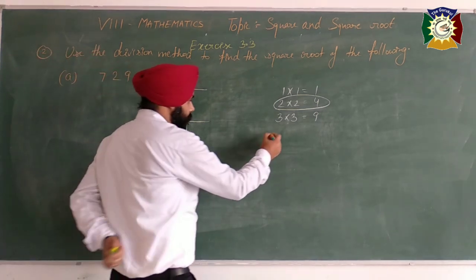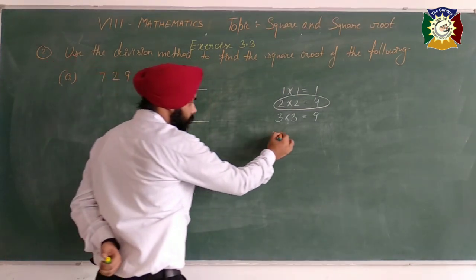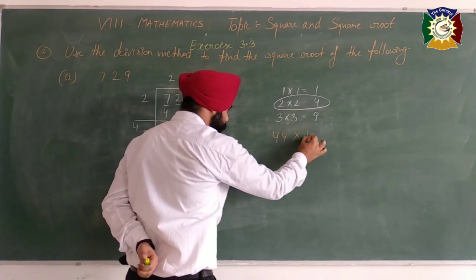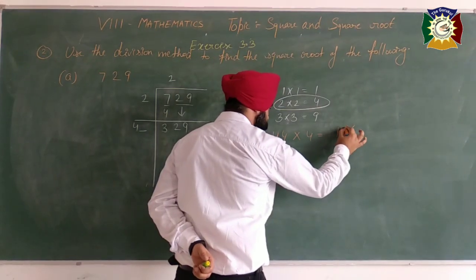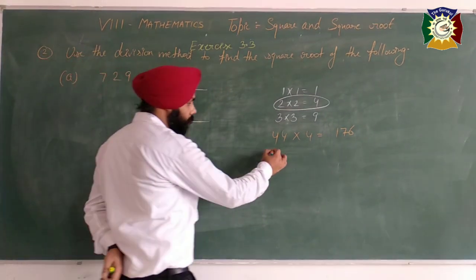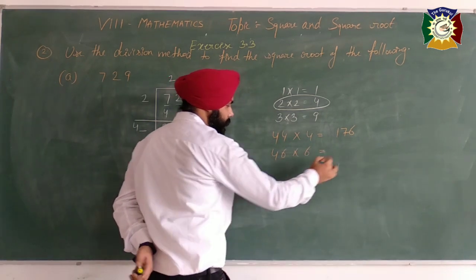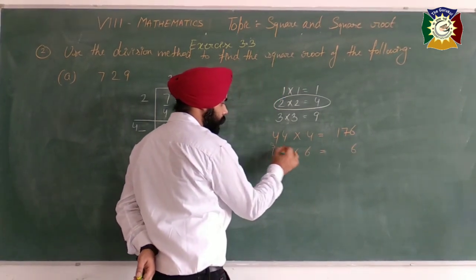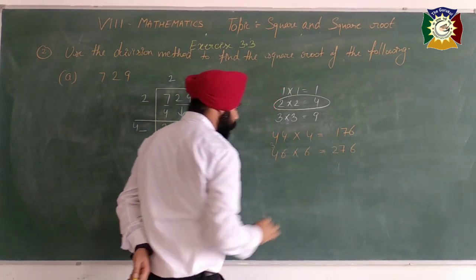So for this, if I choose 4 in place of the ones digit, then it will multiply with 4. It becomes 4 4s are 16, 176 here. It is less than this. Now choose 46 into 6. 6 6s are 36, 6 4s are 24 plus 3, 27. It is again less than this.